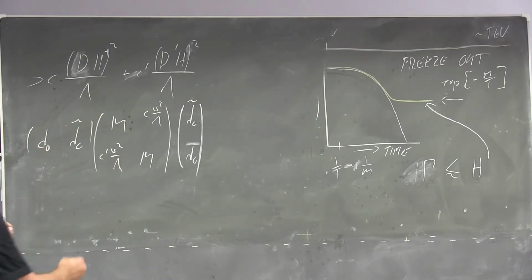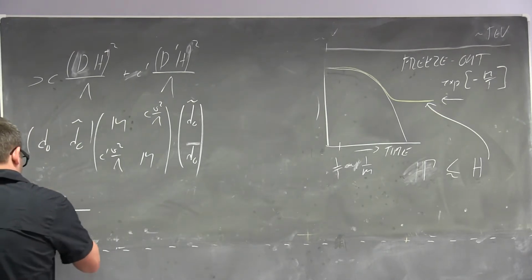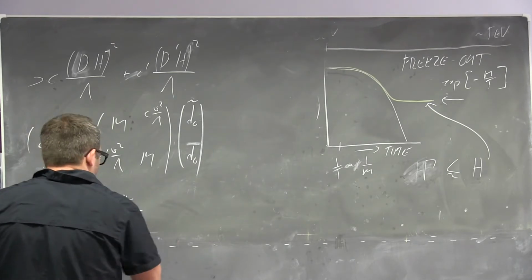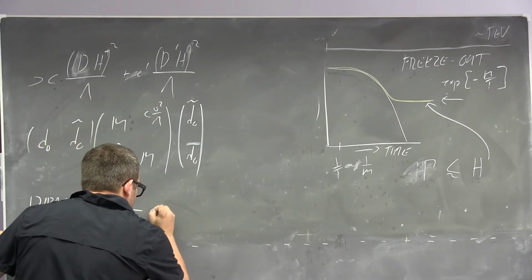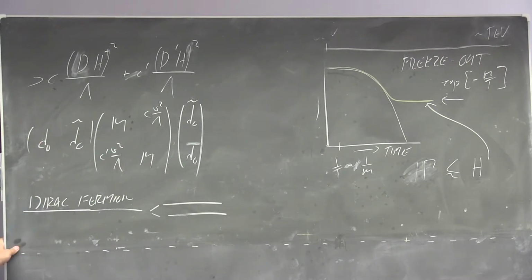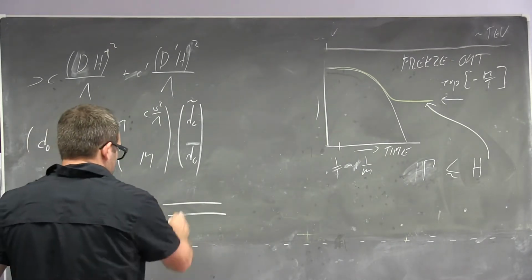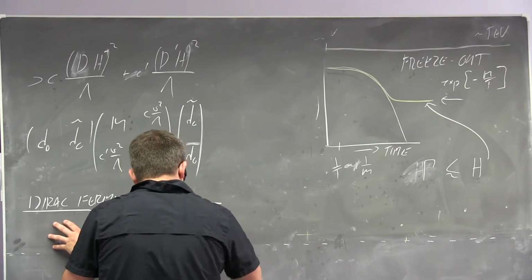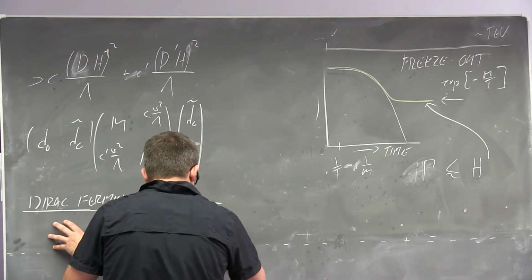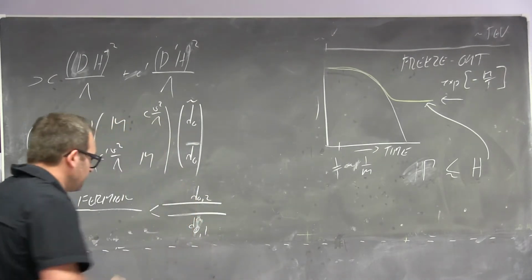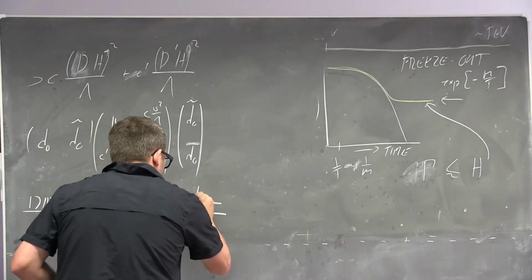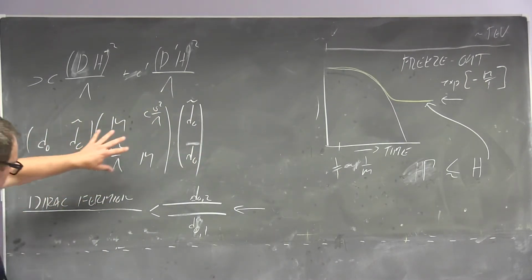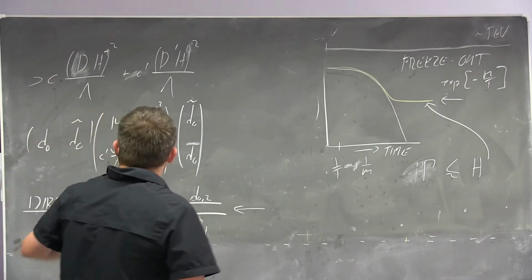So what this is doing is taking a Dirac fermion and splitting it ever so slightly into two Majorana states. Okay, so I don't know whether I want to call them D10, I don't know what to call them, D01, D02, or something like that. And the splitting is given by just this piece here.